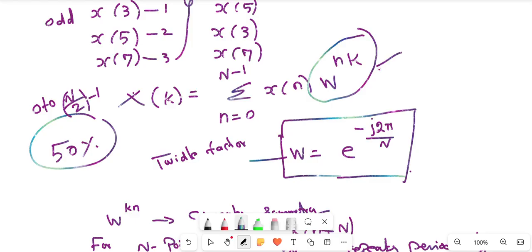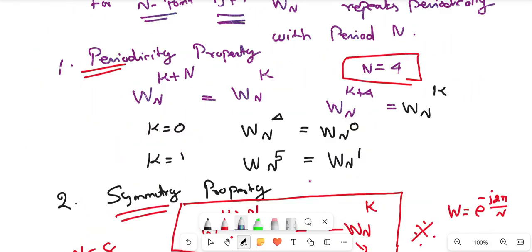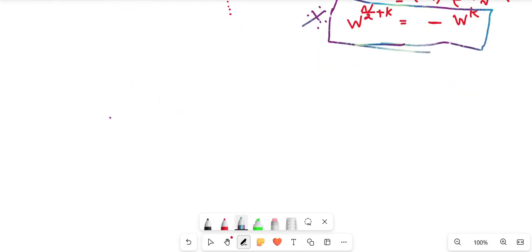The X of k I will write here now, because k varies from 0 to N minus 1, but each summation needs to be computed only N by 2 times, for k varying from 0 to N by 2 minus 1.